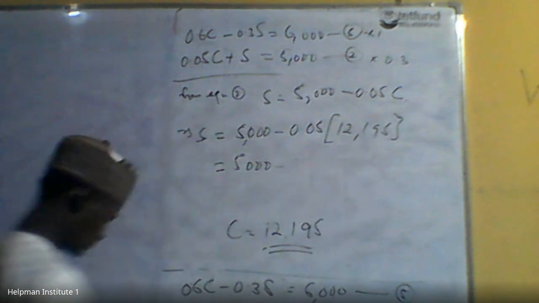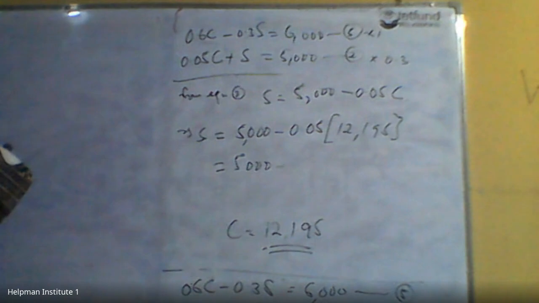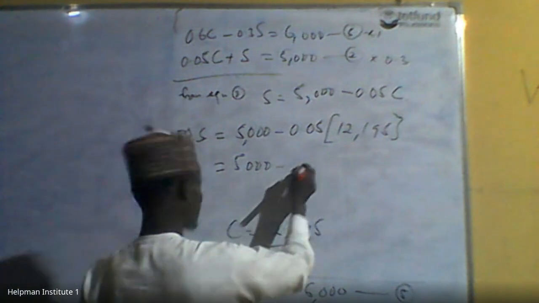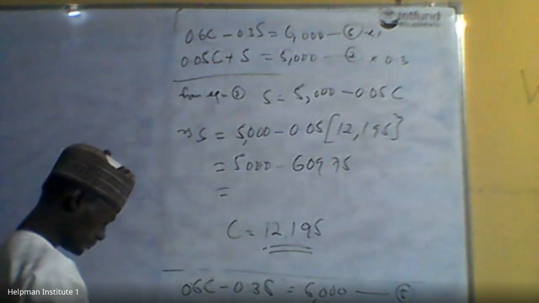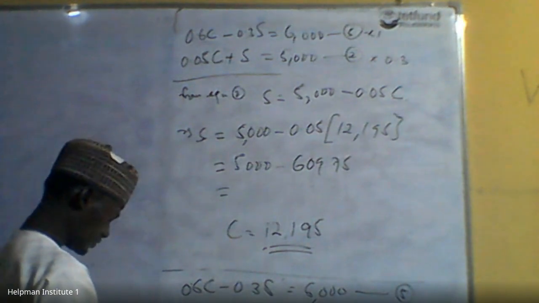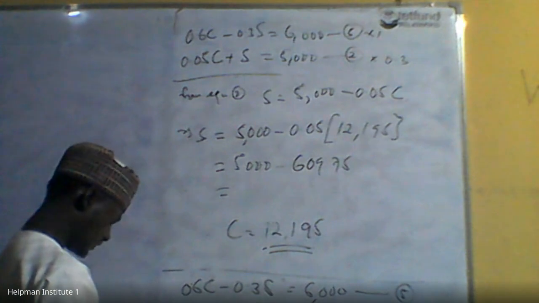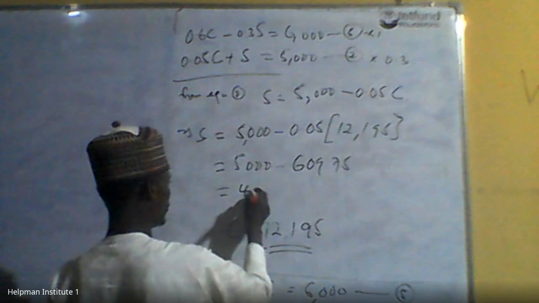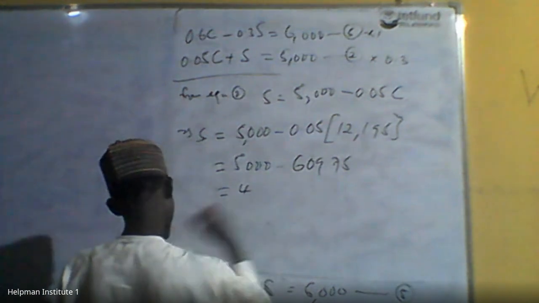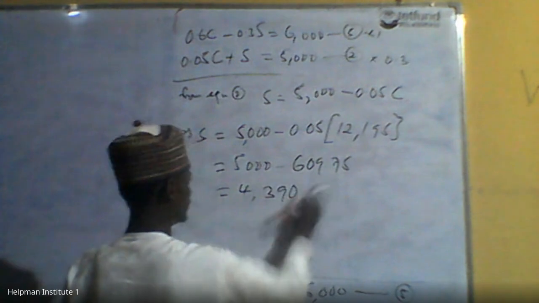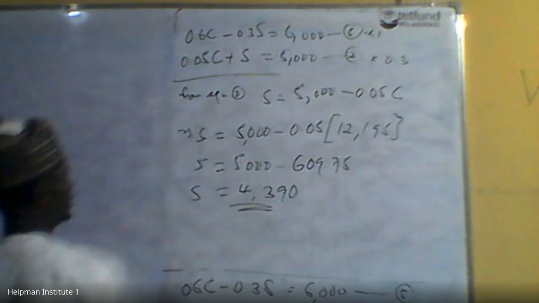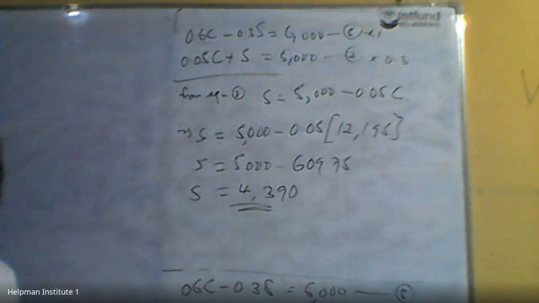We expand the bracket first: 12,195 times 0.05 gives us 609.75 with no approximation. So we subtract: 5,000 minus 609.75, and we have s equal to 4,390.25 with no approximation. So if we take the approximation, we have the value of s equal to this. Now we can use equation 1 to find the value of f.